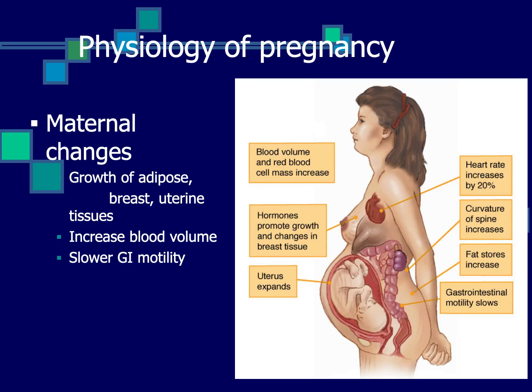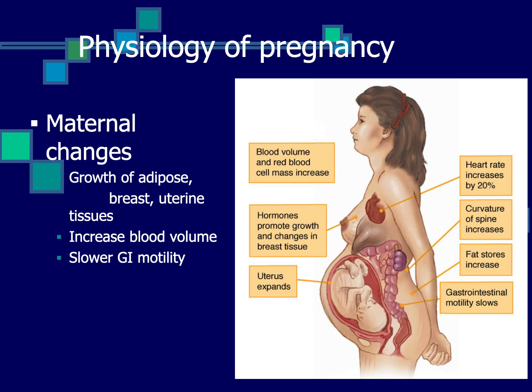During pregnancy, a fully term fetus is probably going to weigh around 8 pounds. Most of the maternal weight gain is going to be growth in adipose tissue, in breast tissue, in uterine tissues, increases in blood volume.